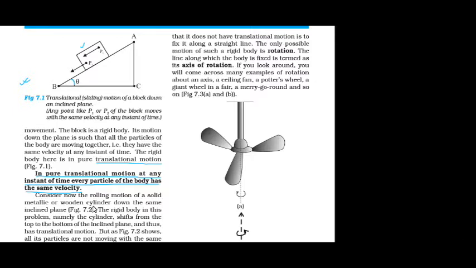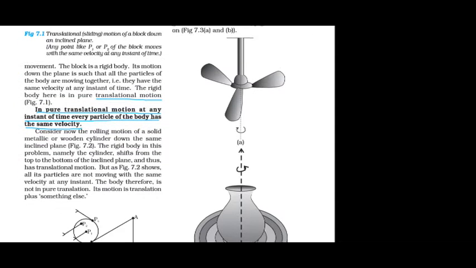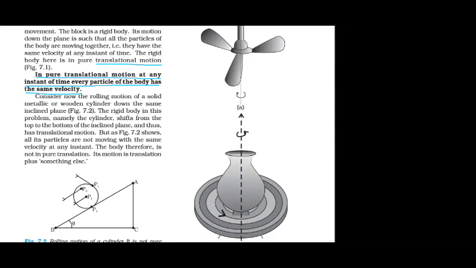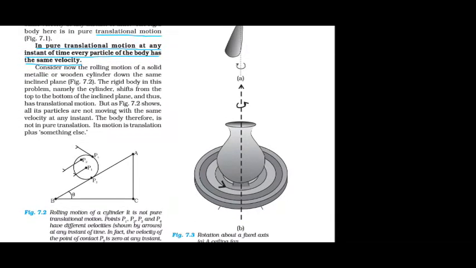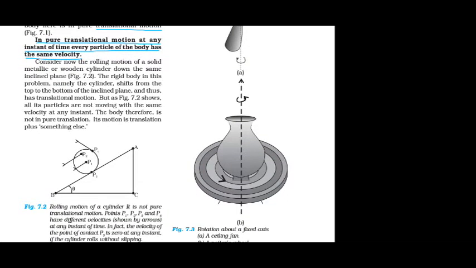Now let us move forward. Till now we have encountered the rigid body, translational motion and its examples. Now consider the rolling motion of a solid metallic or wooden cylinder down the same inclined plane in figure 7.2. Here you can see the same inclined plane with the same inclination theta.